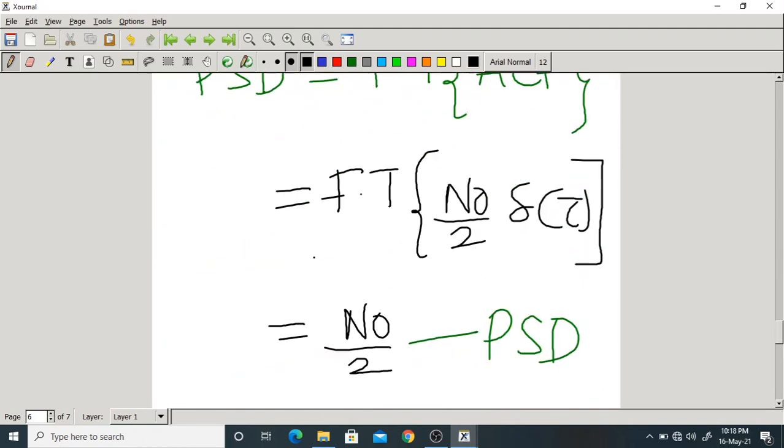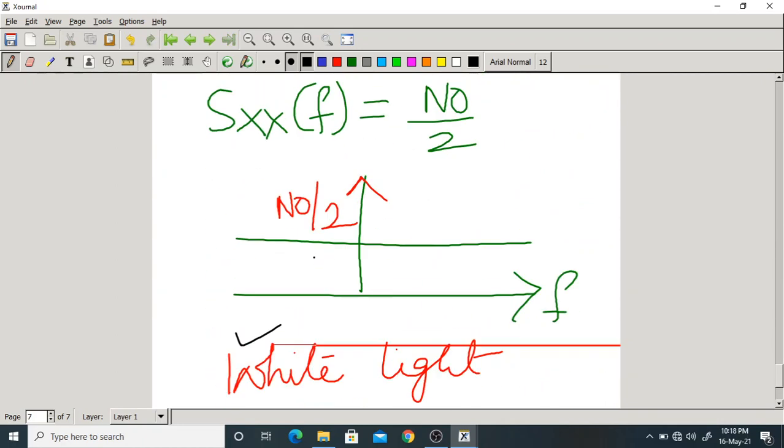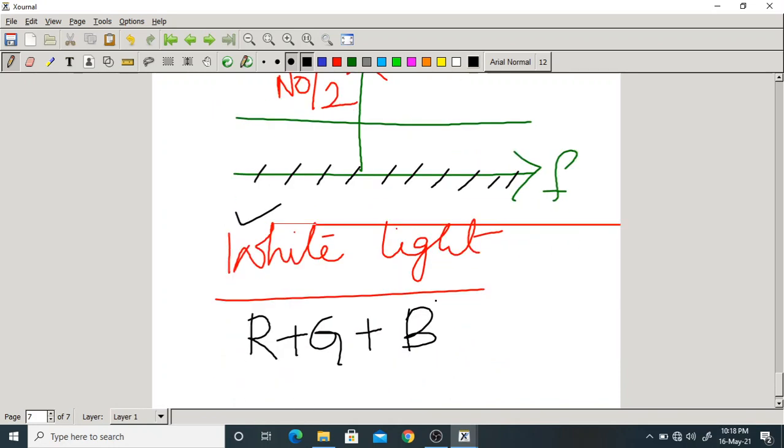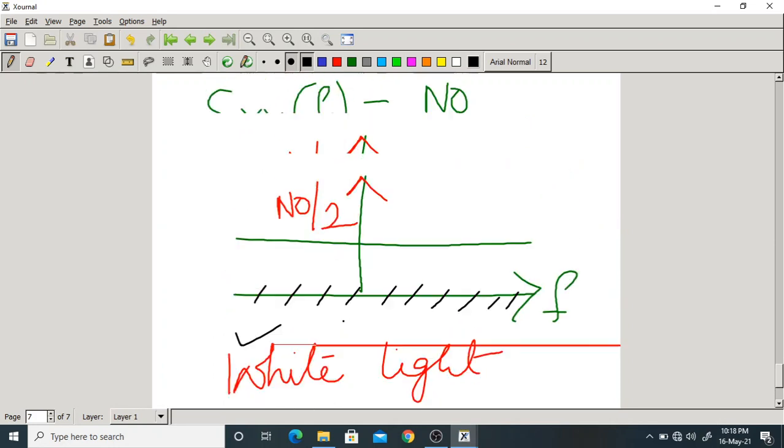White, because in the PSD it treats all frequencies uniformly or equally. It does not discriminate between frequencies. It is the same for all frequencies, just like white light. White light is a uniform combination of all these lights. In the same way, this noise is uniform for all frequencies. That is why it has got the name white.